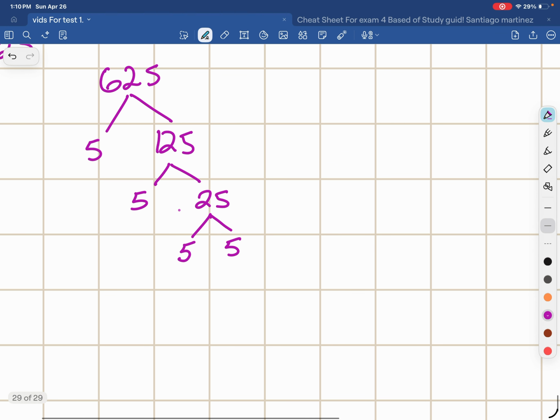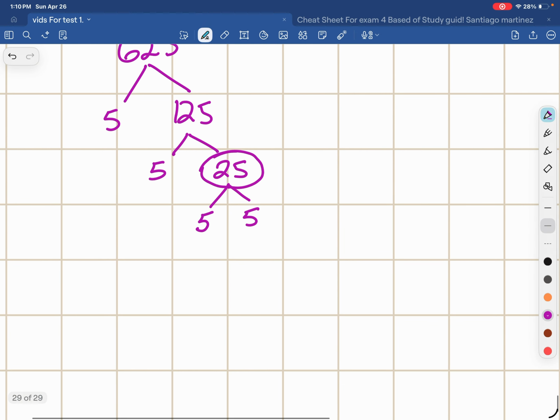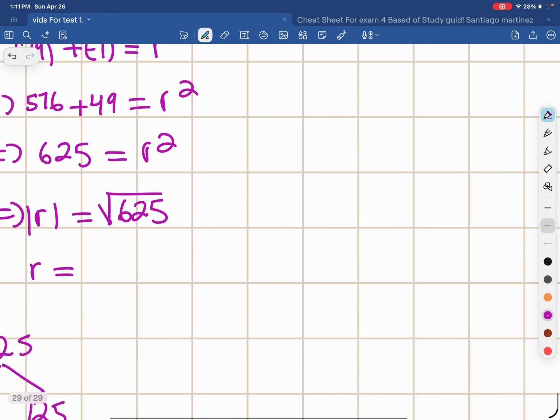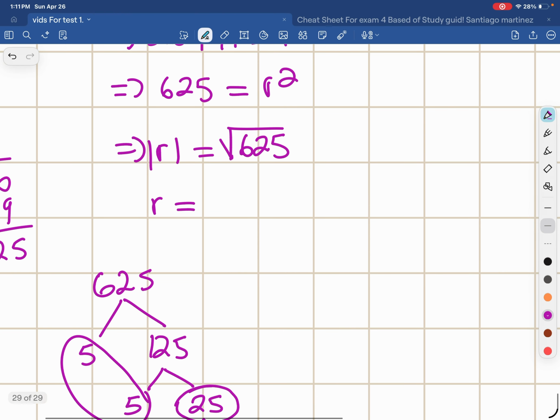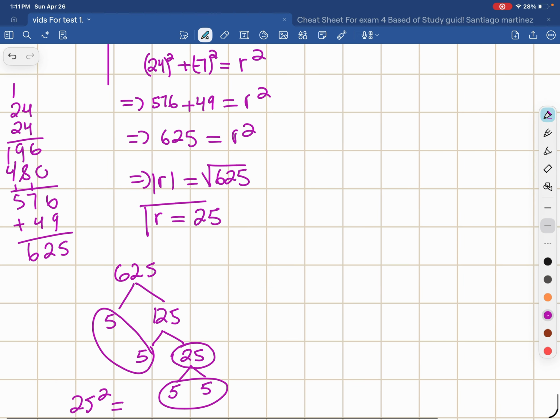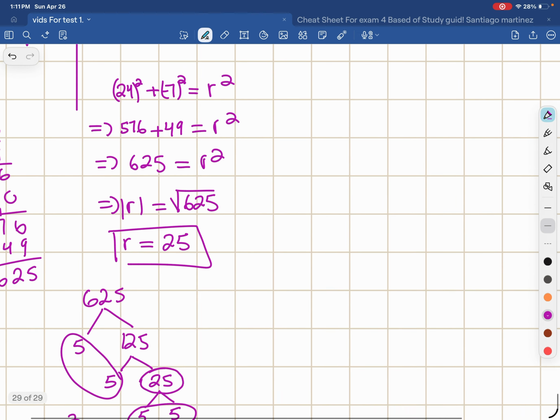So now we look at 25. This is our important value here. We know 25 grouped together and grouped together will give us 25 squared, which will give us the value of 625. So this r is equal to 25. And we only want positive, and that is going to be our first part.